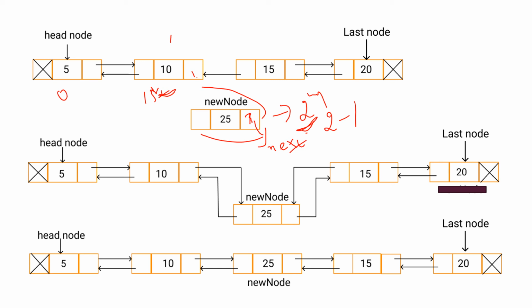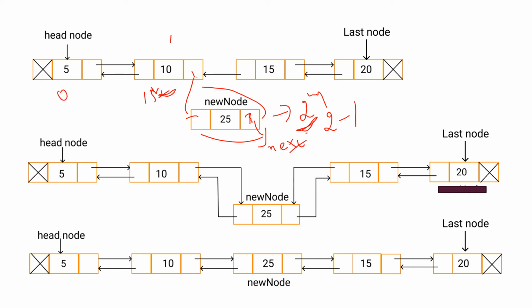Okay, make the next pointer of the first node point to the new node, and the previous pointer of the new node is pointed to the first node.